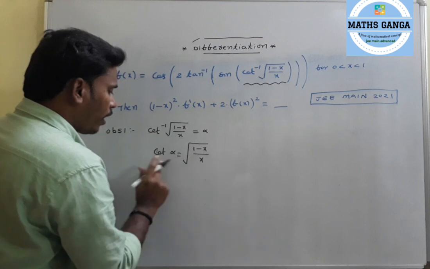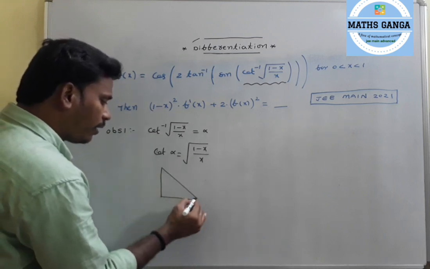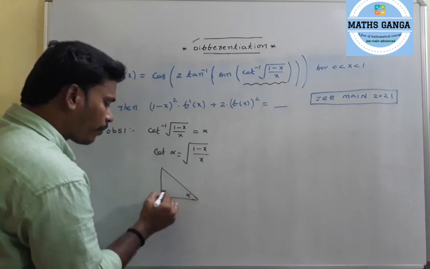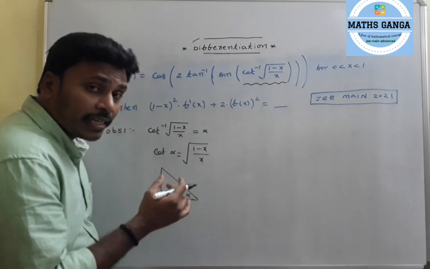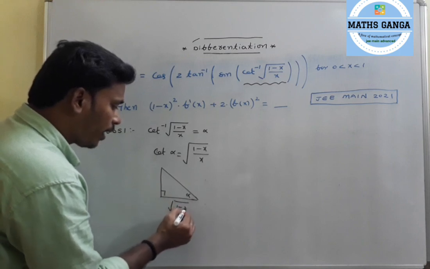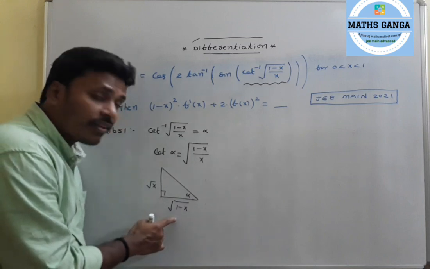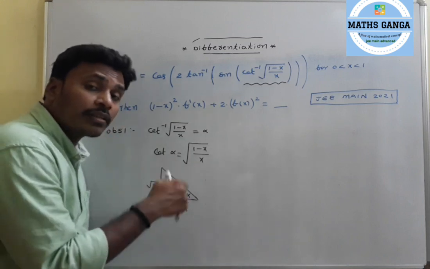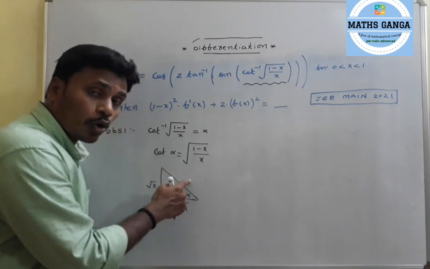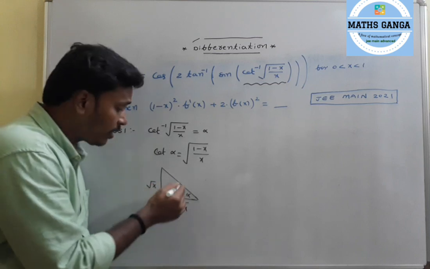Take a triangle indicating alpha. Cot is adjacent side by opposite side, so the adjacent side is root 1 minus x and the opposite side is root x. For the hypotenuse, root x square is x, plus 1 minus x, so this is 1.